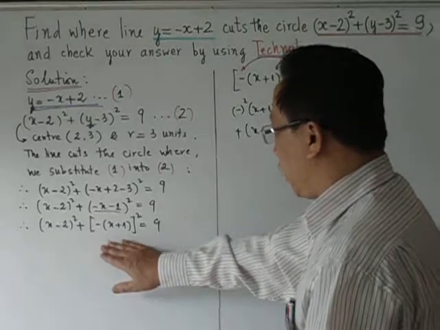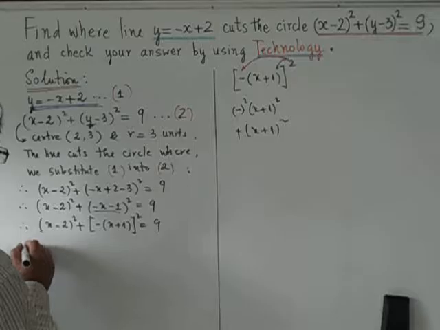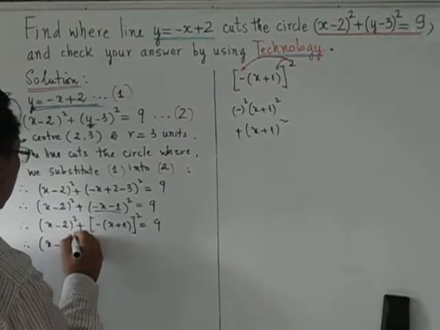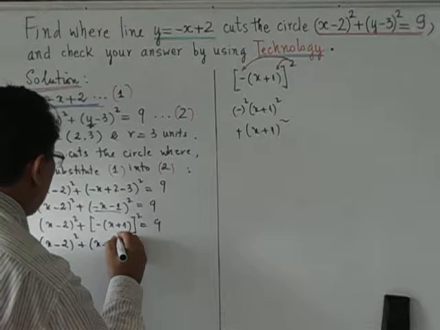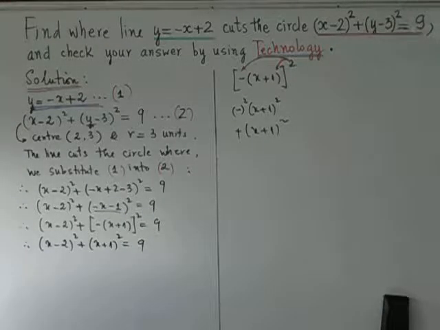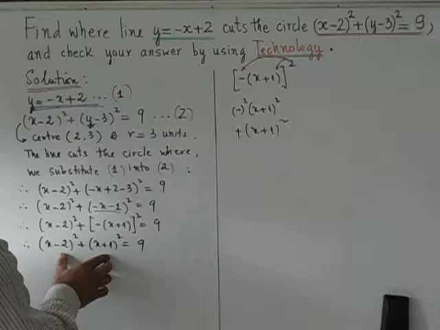So therefore, at this stage, (x minus 2) power 2 plus (x plus 1) power 2 equals 9. Now we have to expand these two factors.